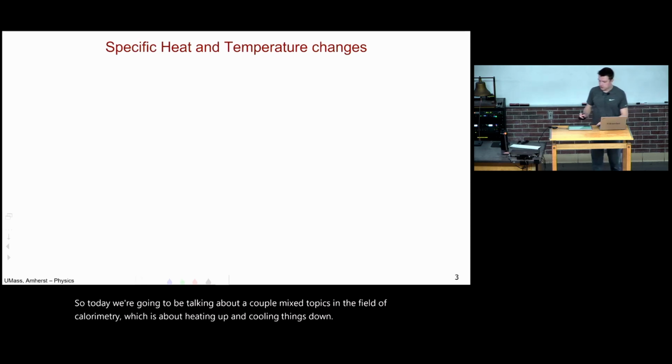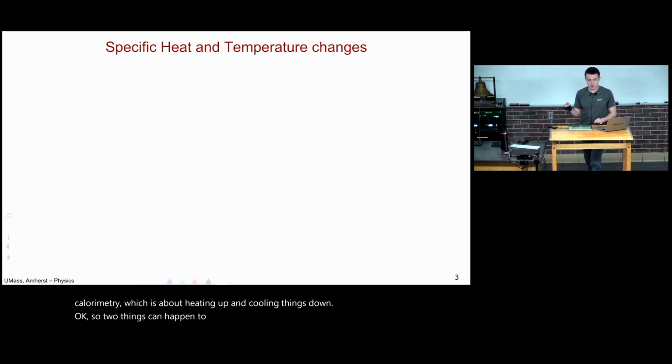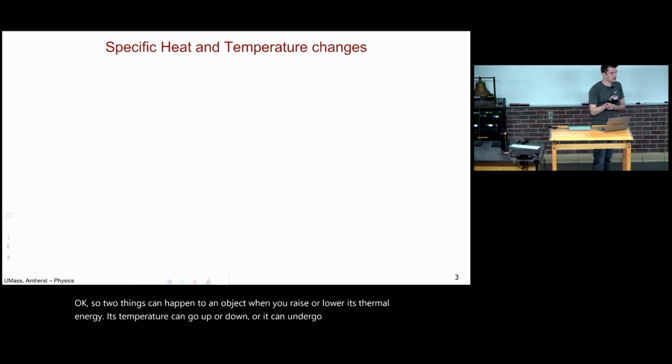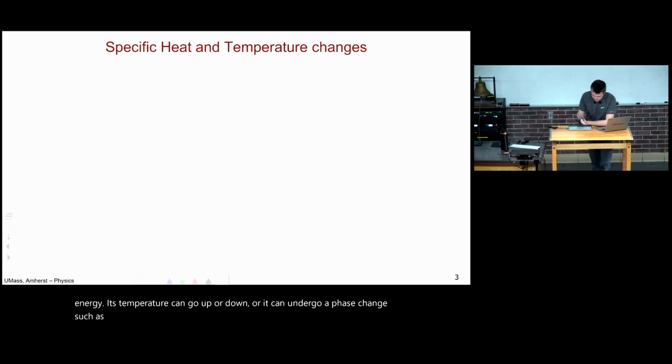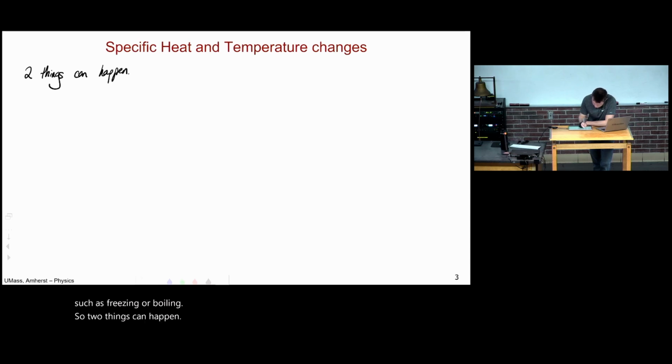Okay, so 2 things can happen to an object when you raise or lower its thermal energy. Its temperature can go up or down, or it can undergo a phase change, such as freezing or boiling. So 2 things can happen when delta E thermal happens, right, when there's a change in its internal energy.